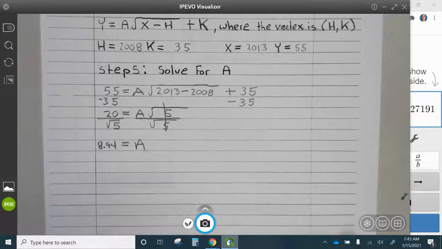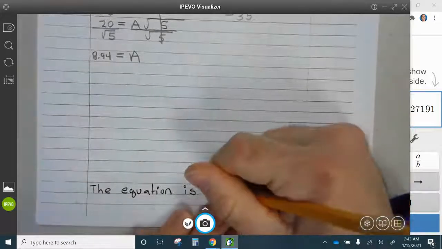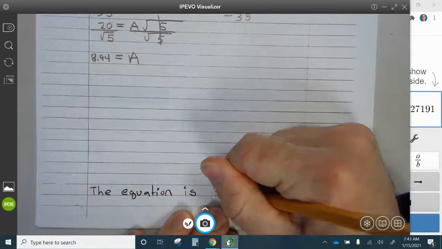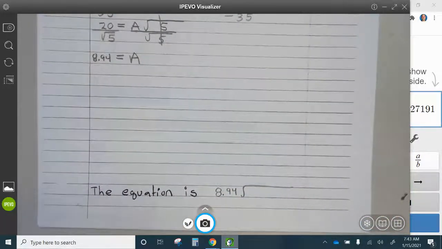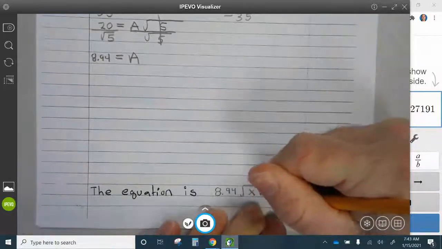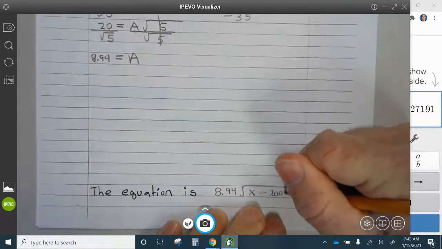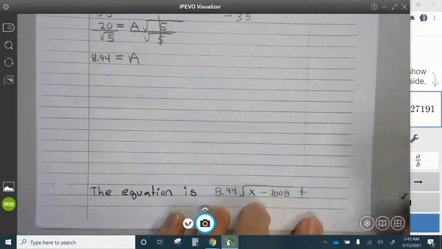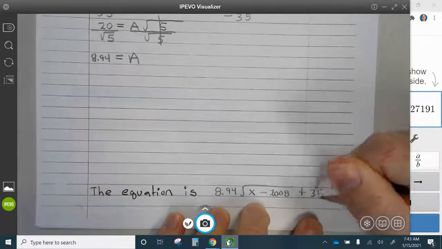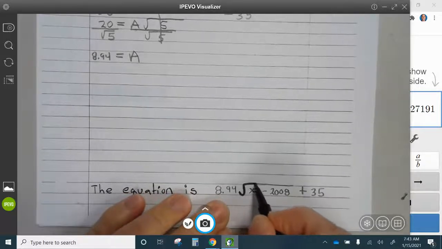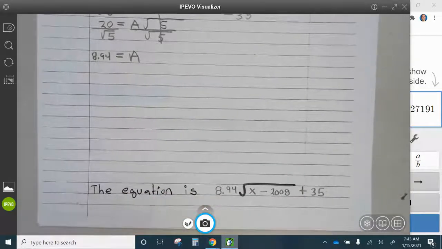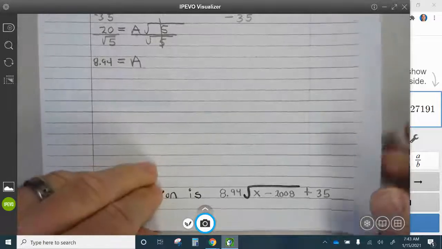So the equation is 8.94 times the square root of x minus 2008, plus 35. Let me just make it very clear what's underneath the square root. All right. Let's move on to the next question.